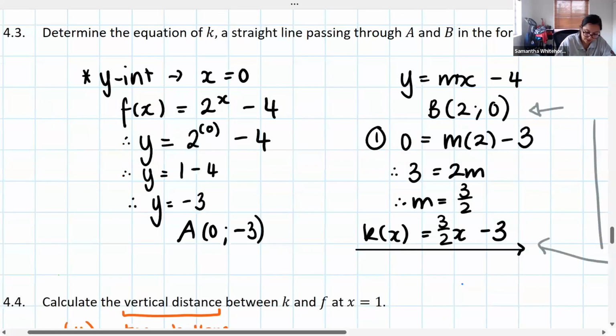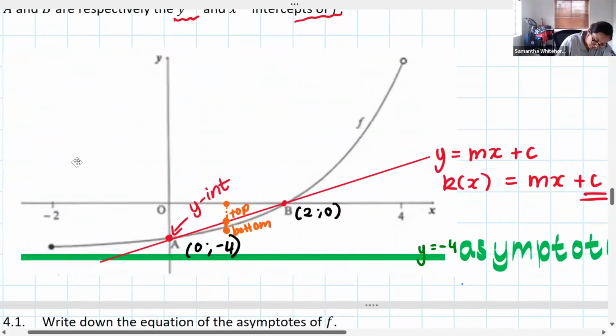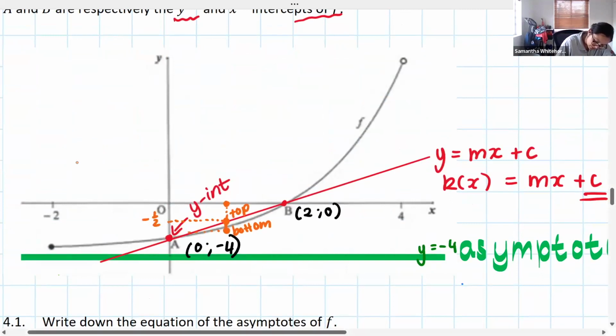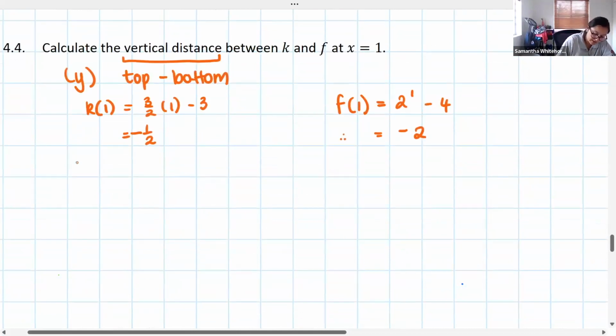So if I scroll back up to my graph, this y coordinate over here is at negative a half, and this y coordinate over here is at negative 2. I now want the distance between the two of them. So the top graph was the straight line, minus a half, minus the bottom graph, which is minus 2. There's my top minus bottom. And so it is, oh golly, it is one and a half units, guys.